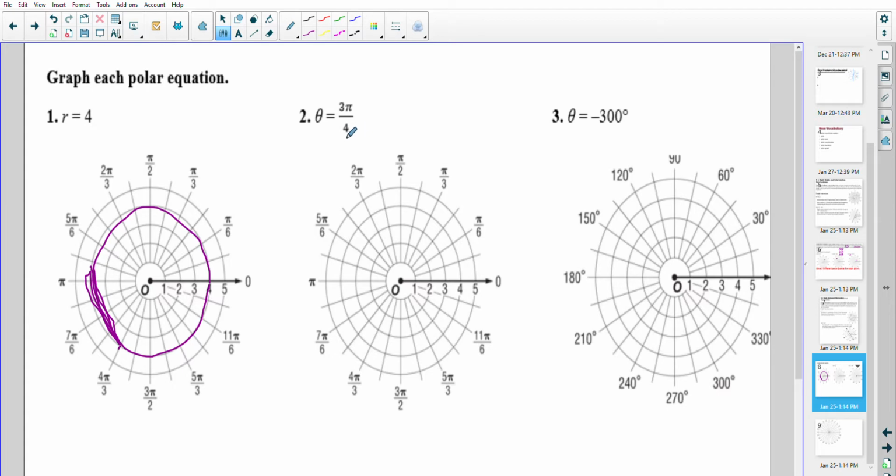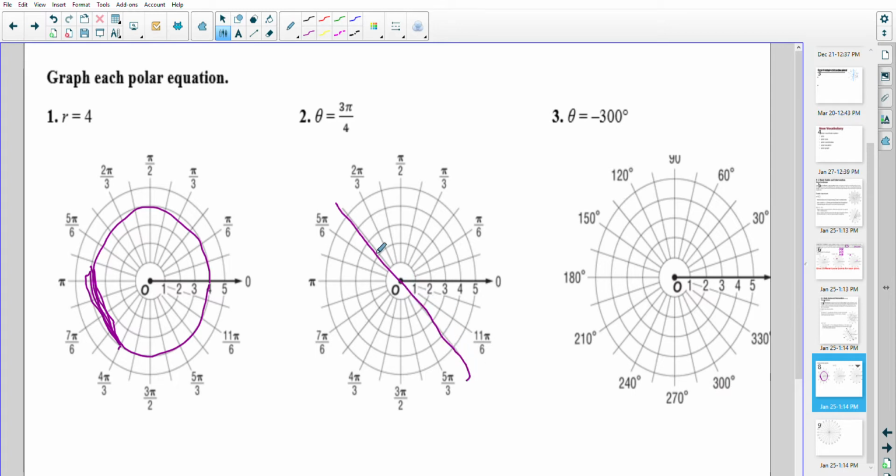Now, if you have an angle that's 3 pi over 4, I'm going to go 3 pi over 4. Let's see, it's here to here, and that's my angle, and that means every distance is covered as long as you have that particular angle of 3 pi over 4.